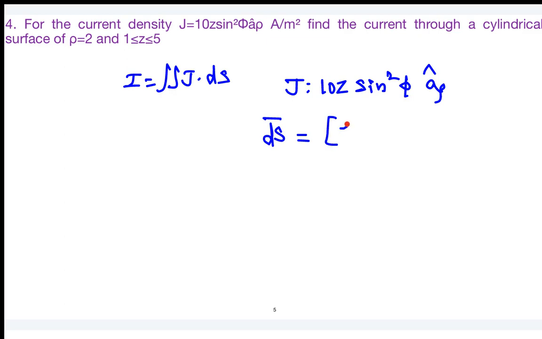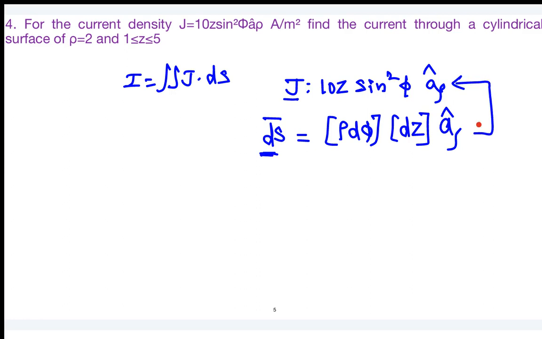When phi is changing, the variation will be rho into d phi, and when z is changing, the variation will be 1 into dz. And what is the direction of this surface? Reply here. Arho, sir. Good, correct. If the current density and the surface area both are in the same direction, then only we will have a finite current. That actually makes sense, right?